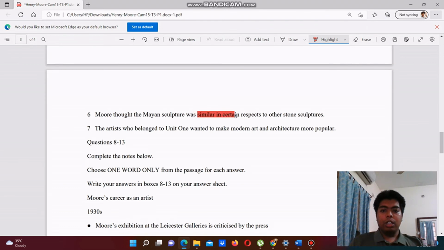If Mayan sculpture is similar to the other stone sculpture in certain aspects, then it will be true. And if Mayan sculpture has some uniqueness compared to the other sculpture, or it is totally different from other sculpture, then it will be false. And if there isn't any comparison mentioned in our passage about the Mayan sculpture and the other stone sculpture, then it will be not given.